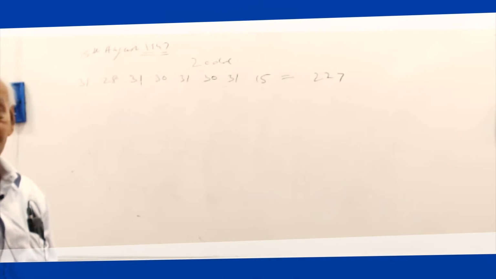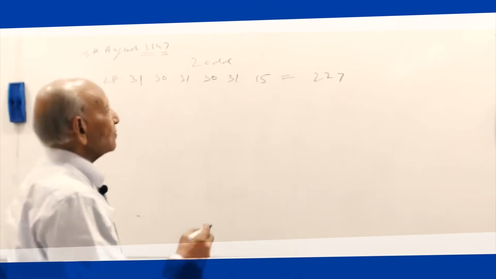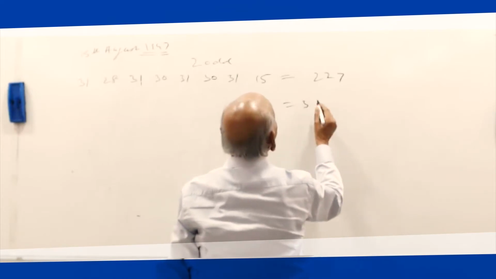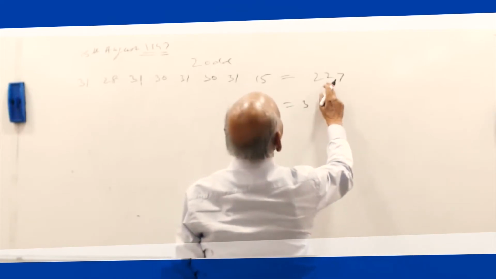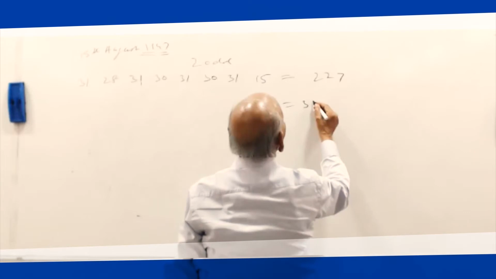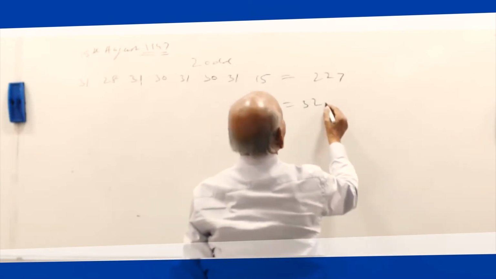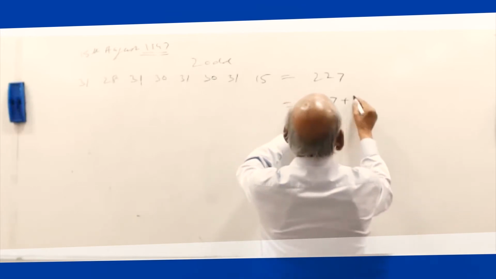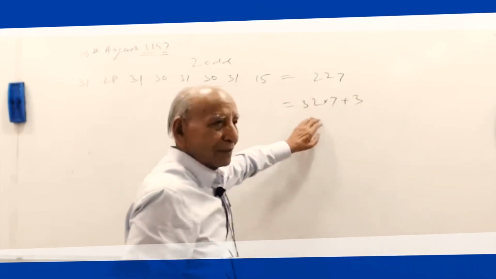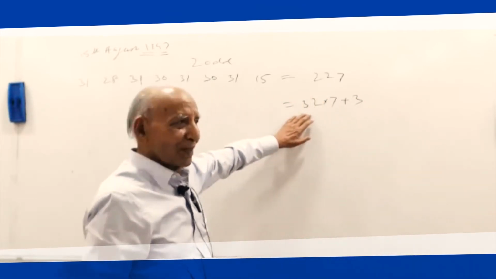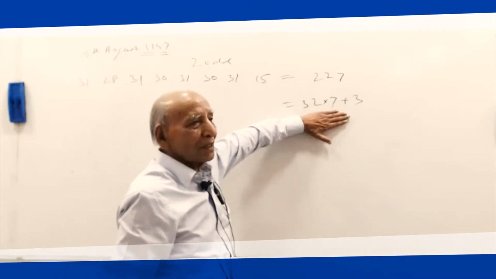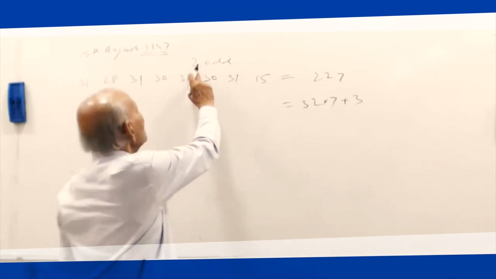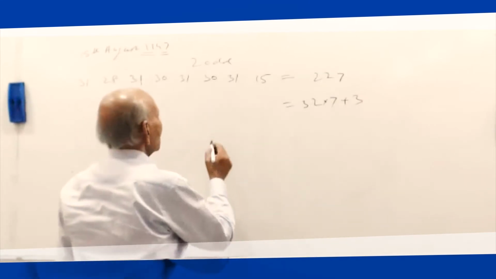Now you can convert it into weeks. So if I convert it into weeks, here I got 32 into 7 plus 3. Check it, I may commit a mistake. So we have to check it properly. So 3 extra days. So we have got 2 extra days and 3 extra days.